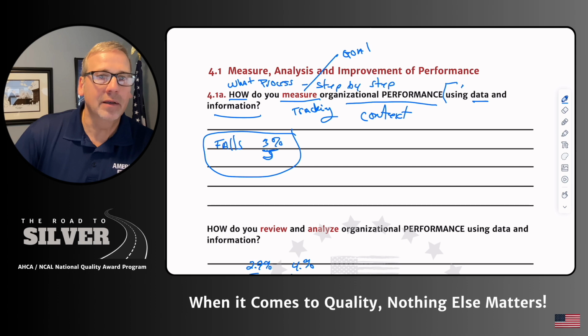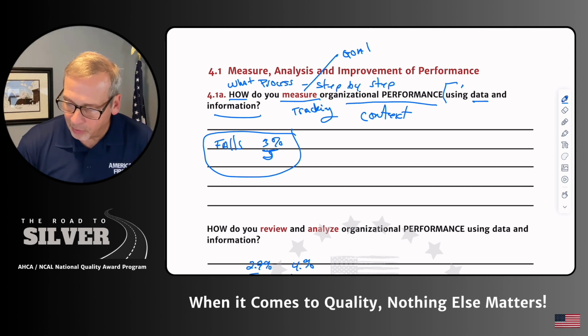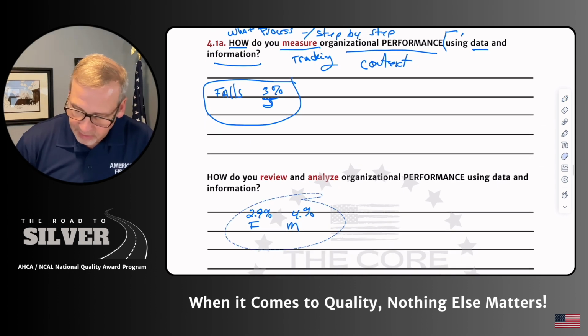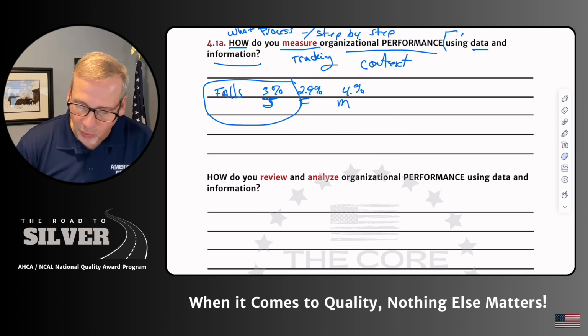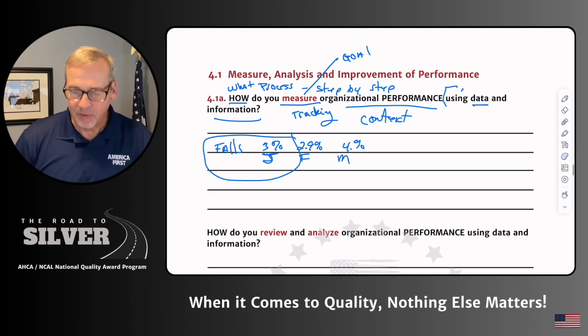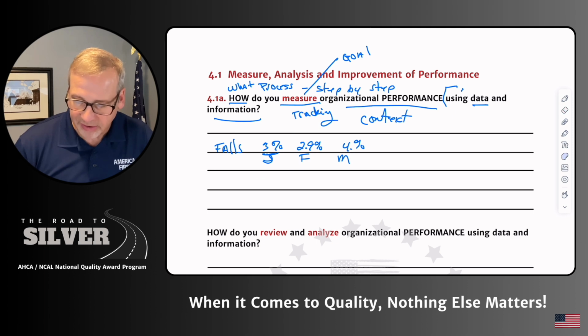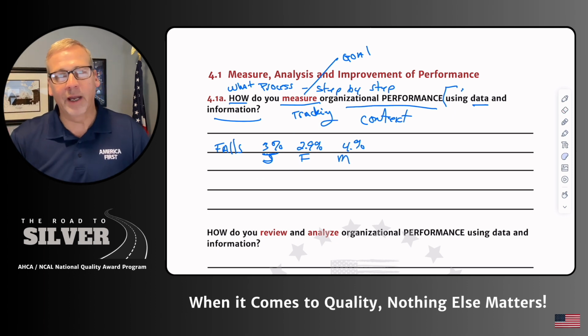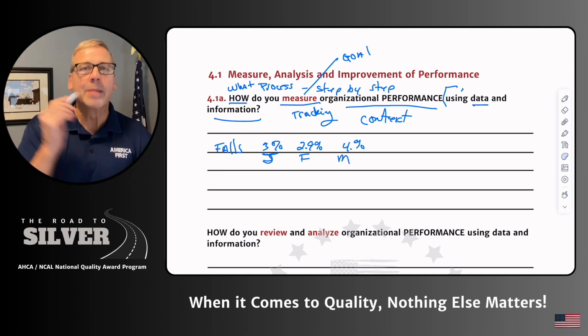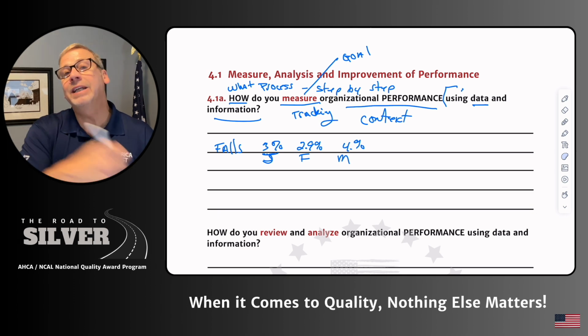That's data, right? Now, if I'm able to track data over the next few months, now I'm looking at not just January, but January, February, and March. What am I doing? I am putting my falls data in context.